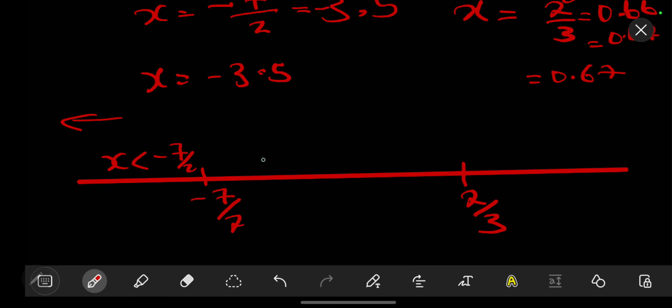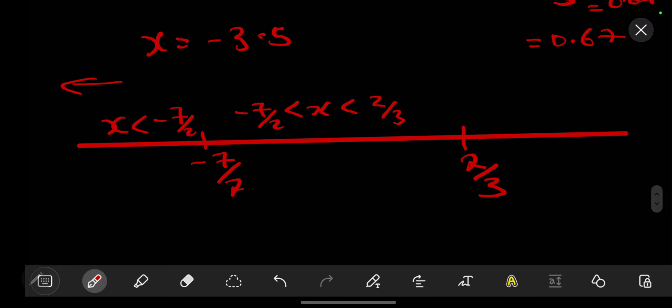Here we are going to have our negative 7 over 2, it will be an interval, less than x, less than our 2 over 3, like that. So here now we are going to have all the values that are on this side are greater. So we are going to say x is greater than 2 over 3. The values that are here could be a 2 and all that.